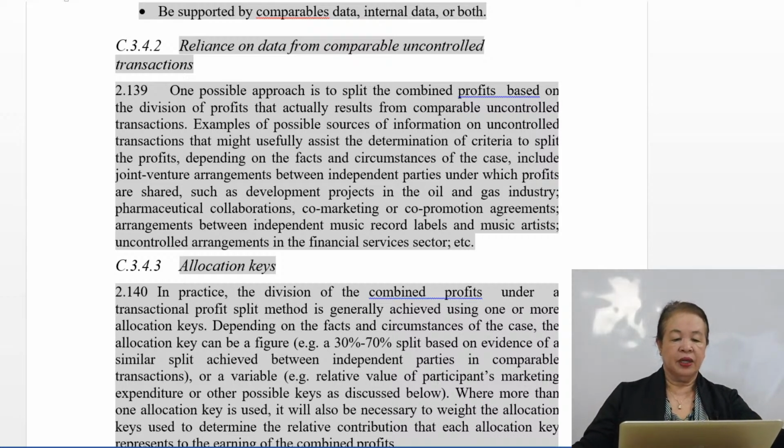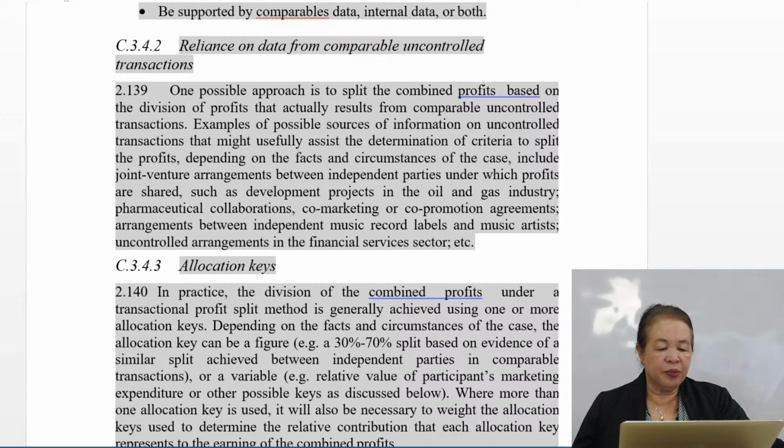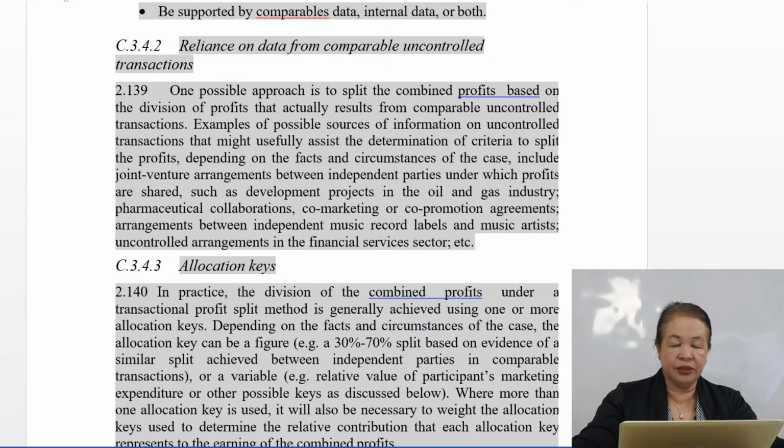So, allocation case. In practice, the division of the combined profits under a transactional profit split method is generally achieved using one or more allocation case. So, depending on the facts and circumstances of the case, the allocation case can be a figure, 30 to 70 split based on evidence of a similar split achieved between independent parties in comparable transactions, or a variable, no?